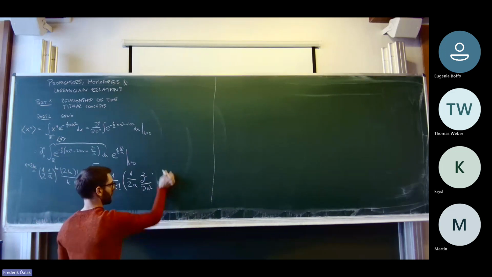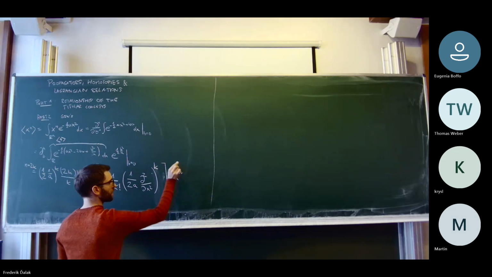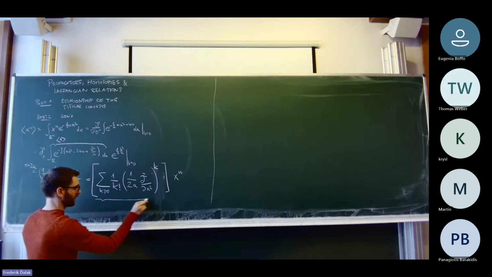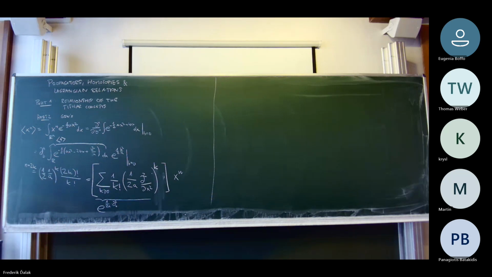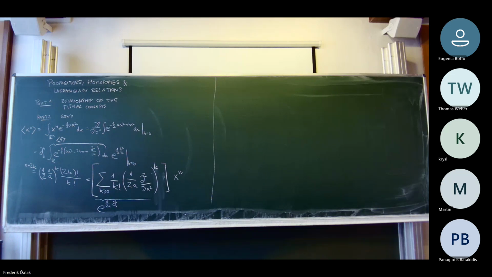Finally, we can write this as e to the 1 over 2a d squared by dx squared. What you do here is invert a, so 1 over a, and write it next to a second order differential operator.